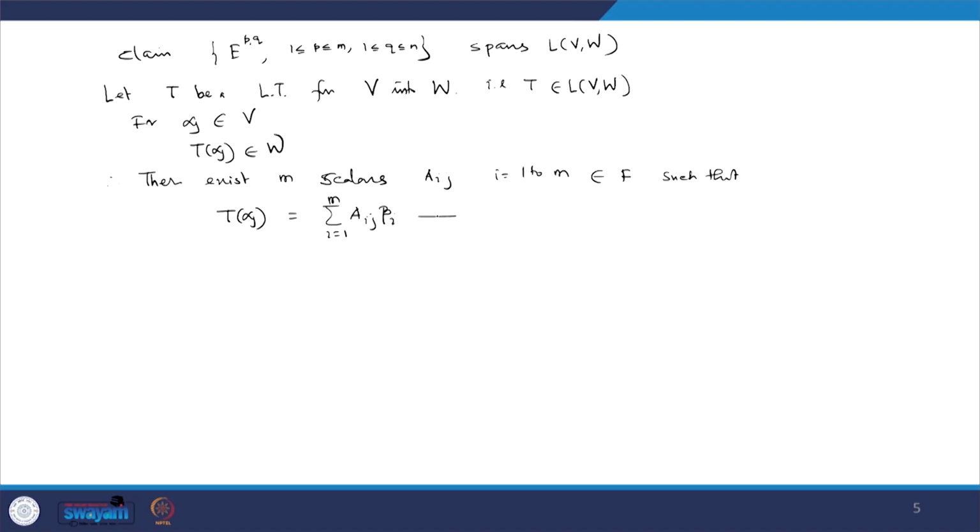So, for any T, as alpha j I have picked from the ordered basis of V, we have written T alpha j like this.